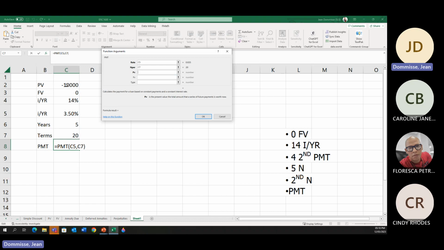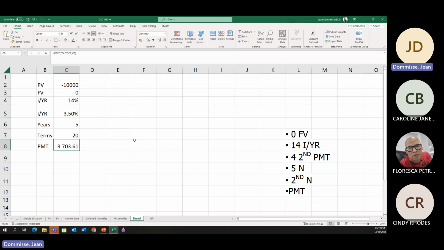Then the present value is that, the future value is 0, and then type is where we had it the same as with the annuities: whether it is the beginning or the end of a period. If you don't specify, it is like we normally work out with our calculator; it is done the traditional way.